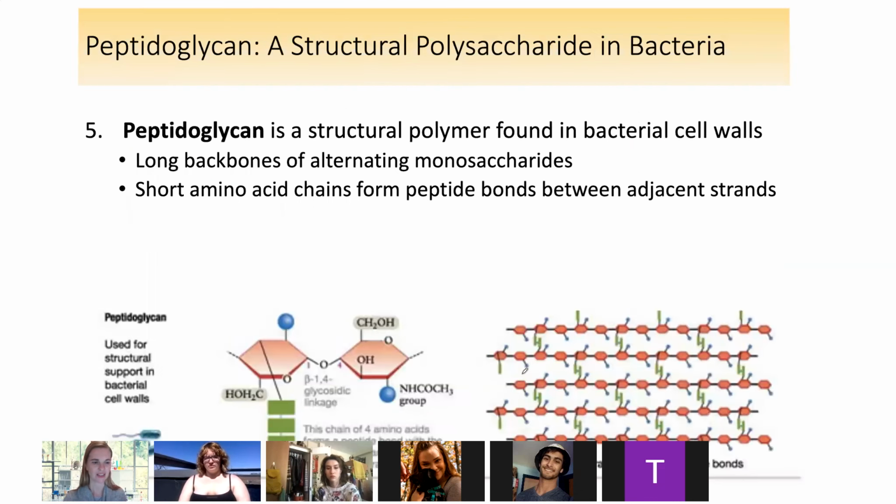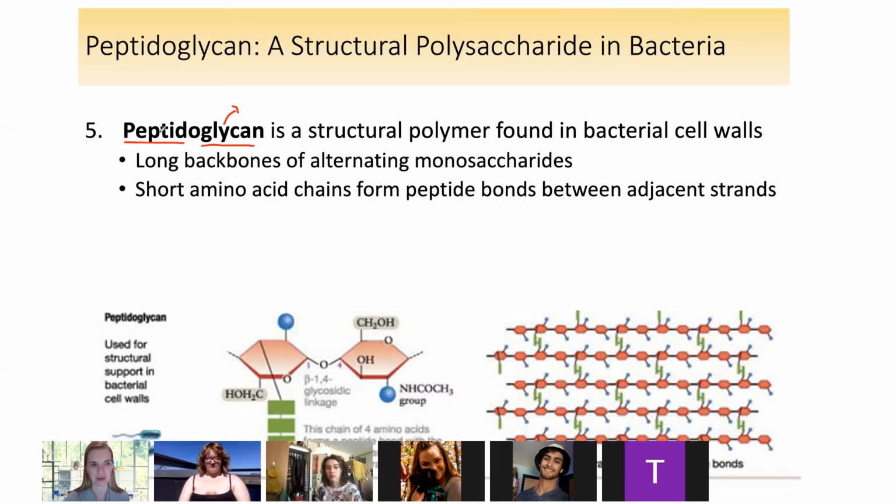And then here is the last one. Again, we don't spend too much time on this here in Gen Bio, but if you go on to microbiology, this becomes really important. So I do want to mention it. This is called peptidoglycan, sorry. And we've got two root words here. So glyc is referring to our sugar glucose.